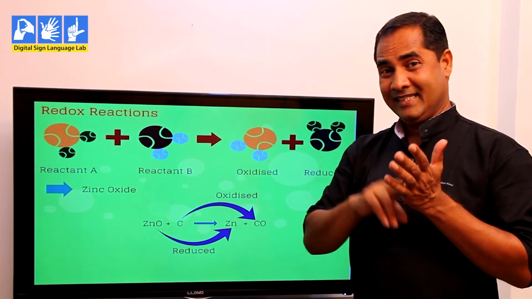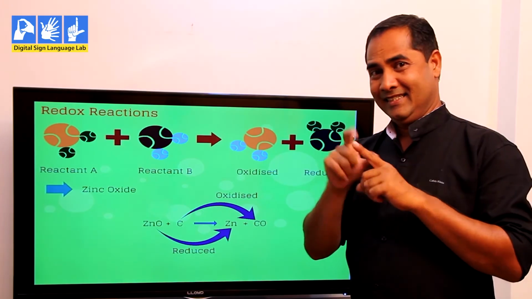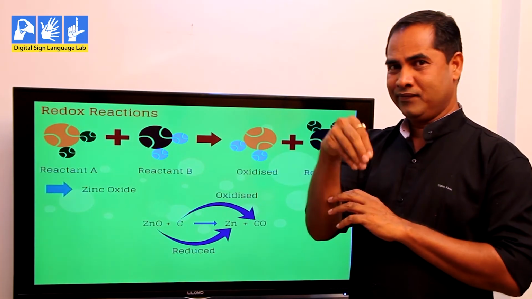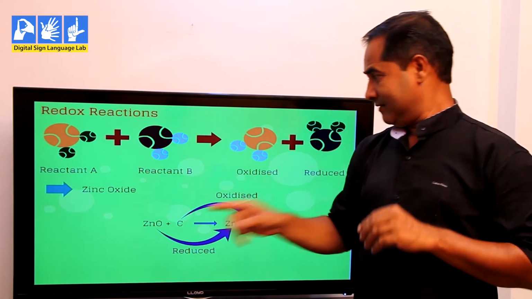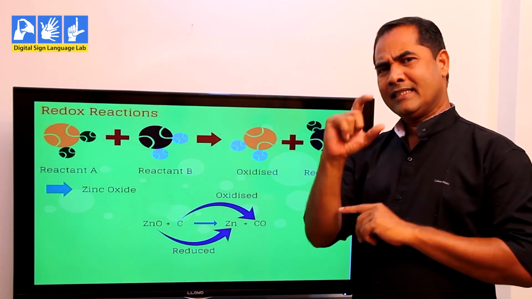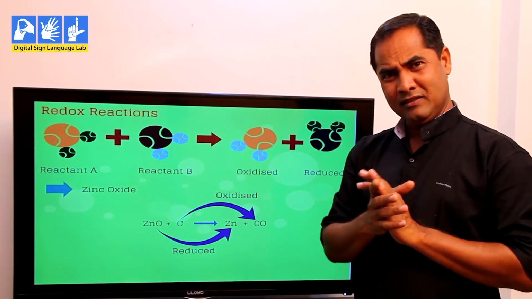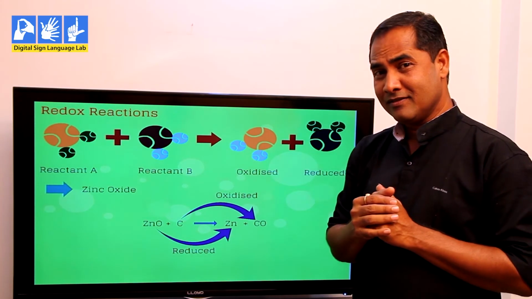For an example, look at zinc oxide. So ZnO, that is zinc oxide, if you add carbon to that, that is C, they both react. And what happens next?